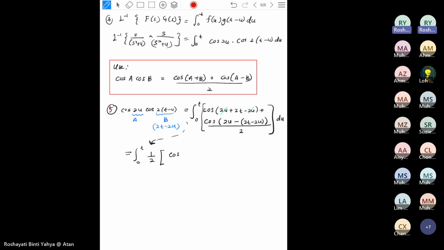Cos 2T plus cos. For this part, we will get 2U, minus minus becomes plus, plus 2U. So become 4U minus 2T.